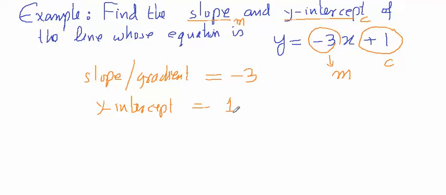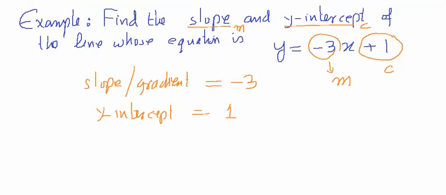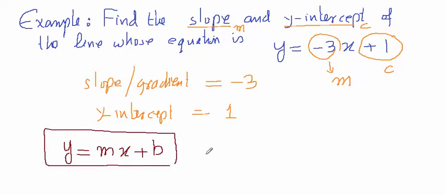So this is the answer. Remember the important point of this lesson, that whenever we write the equation of the line as y is equal to mx plus c or mx plus b, this is also called the slope intercept form.